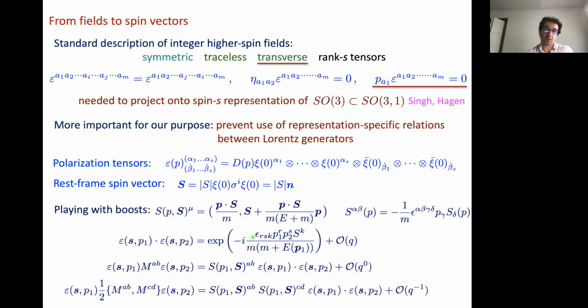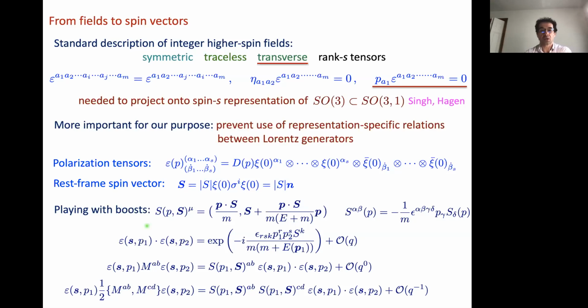This has appeared also in Newton-Stock. And also the expectation value of any symmetric product of Lorentz generators can be pulled out from the expectation value in the form of the spin tensor. And the spin tensor is related to the covariant spin vector in this nice way.